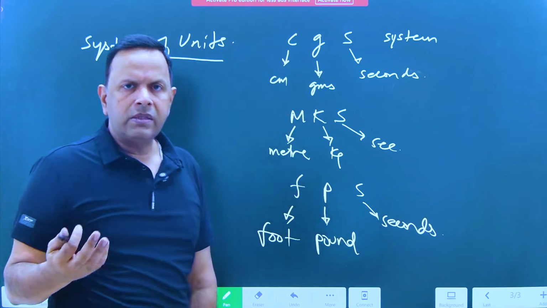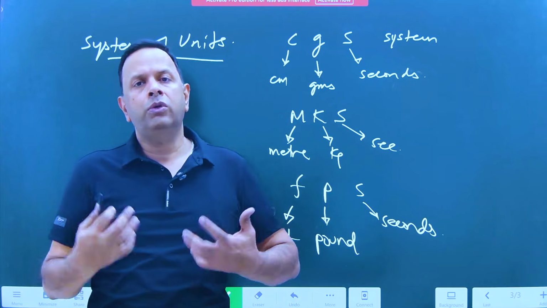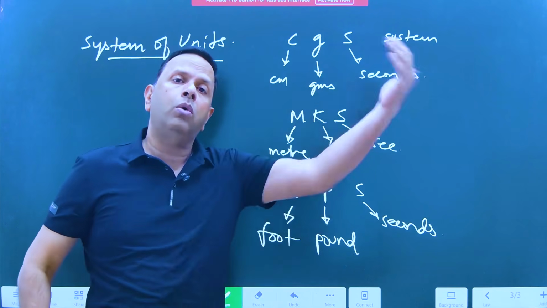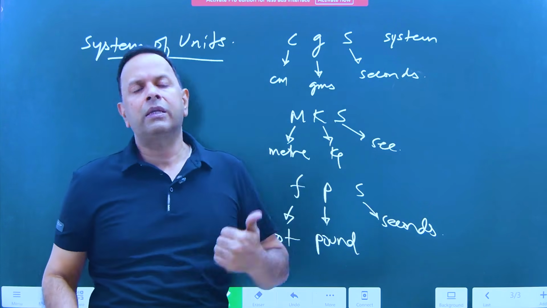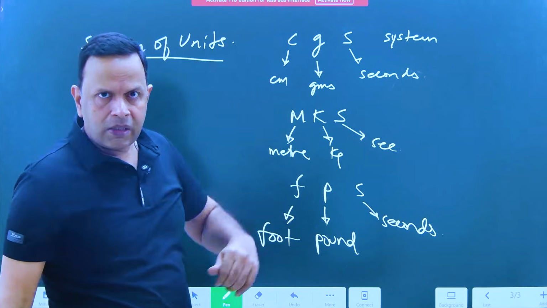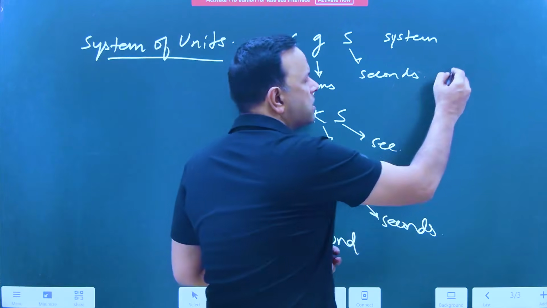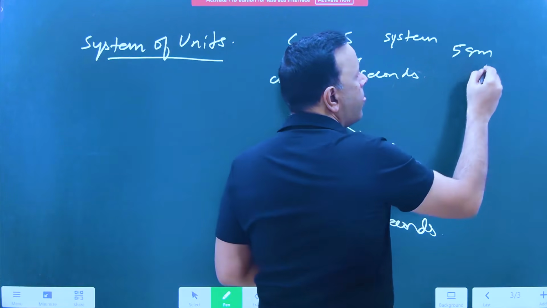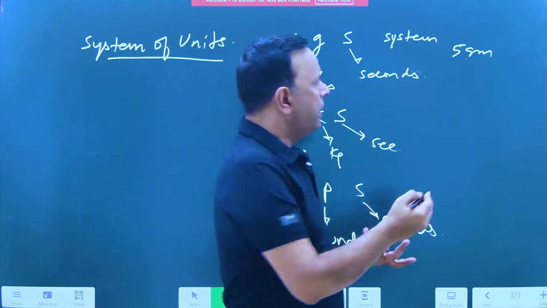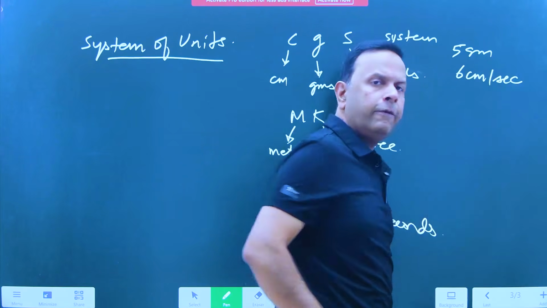So when we say a system of unit, we actually mean the acceptance of the unit of these fundamental quantities so that the other quantities can also be expressed in them. What I mean to say, in the CGS system, the unit of mass, of course, I will say something like 5 grams. And in the CGS system, if I speak about the speed of a body, then I'll say 6 centimeter per second.